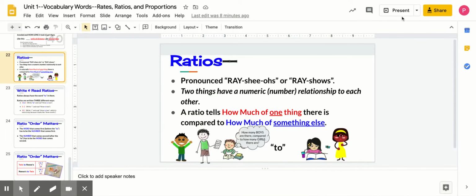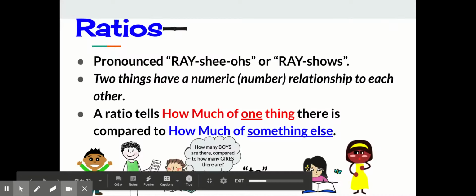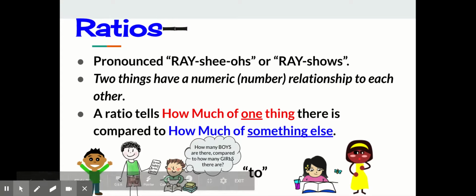All right, let's take a look at this word ratios. It is pronounced ray-she-os, or sometimes you'll hear it called ratios. And ratios show that 2 things have a numeric relationship to each other.